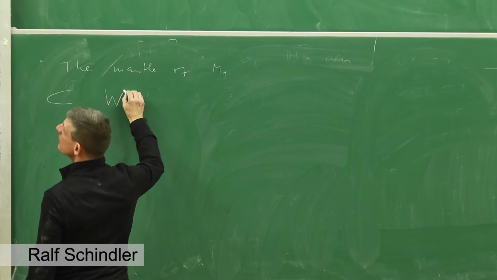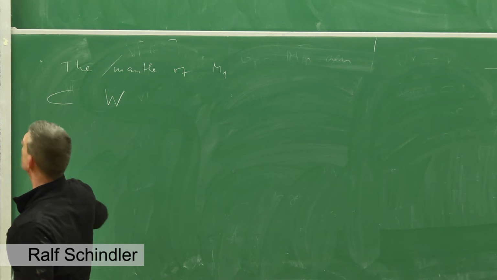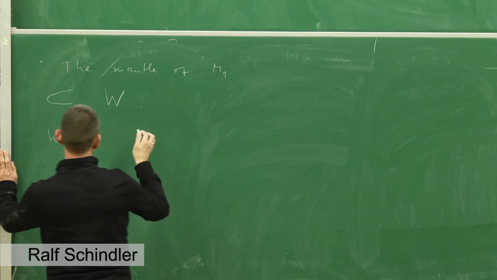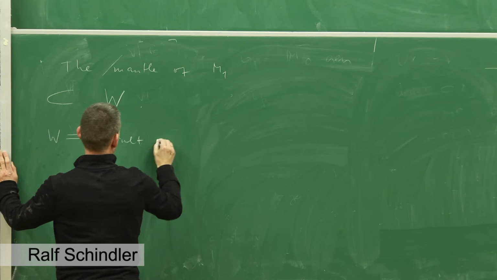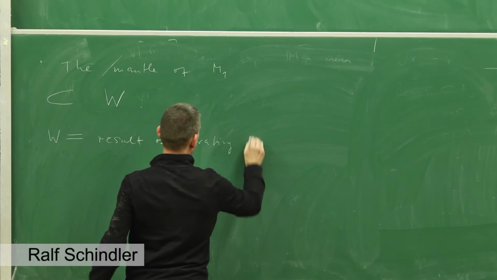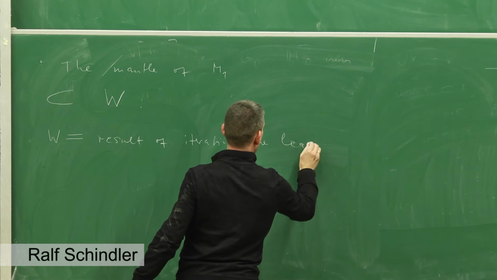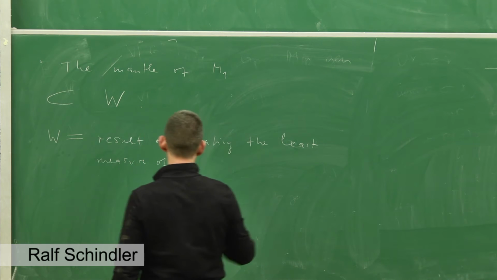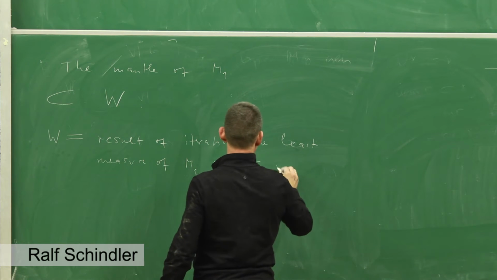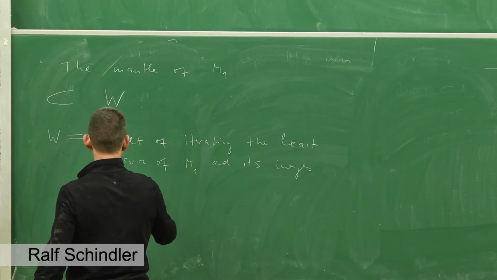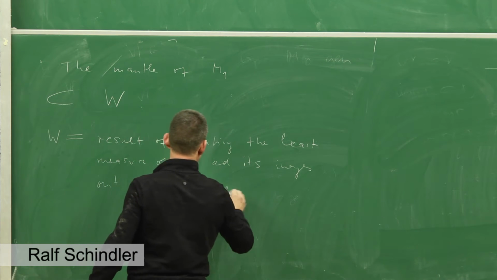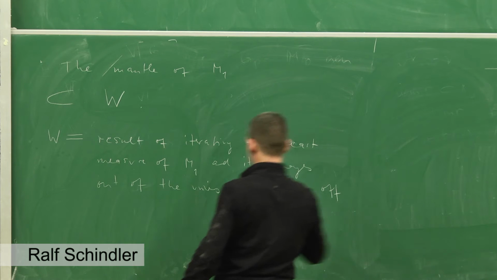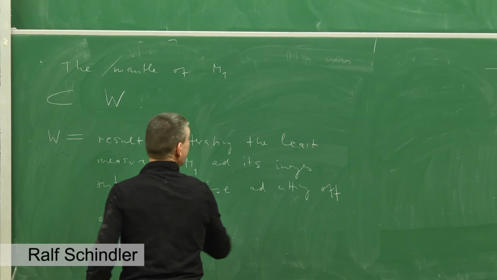Let's just write W, to irritate Modi even more. So what is W? W you can think of as the result of iterating the least measure of M1 and its images out of the universe and cutting off at the ordinals.